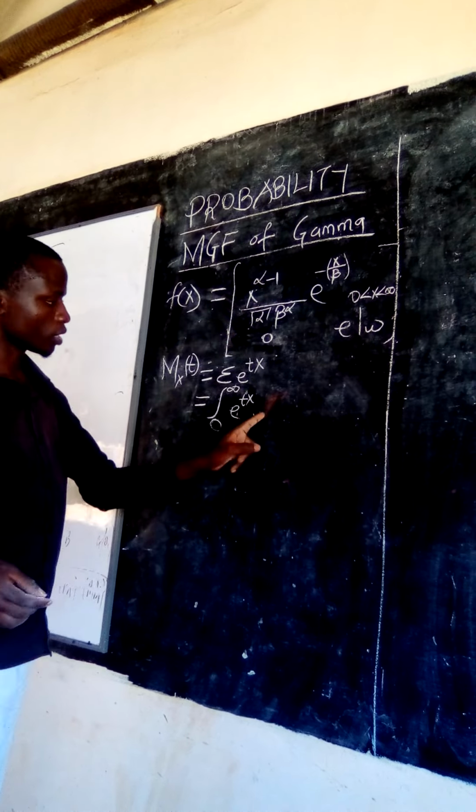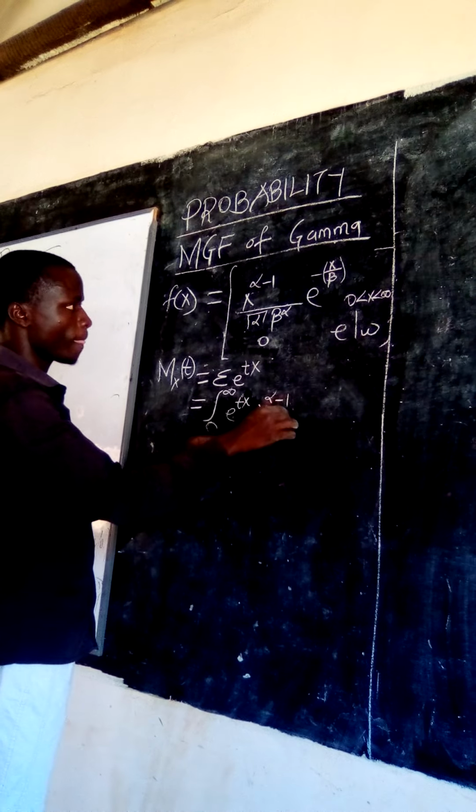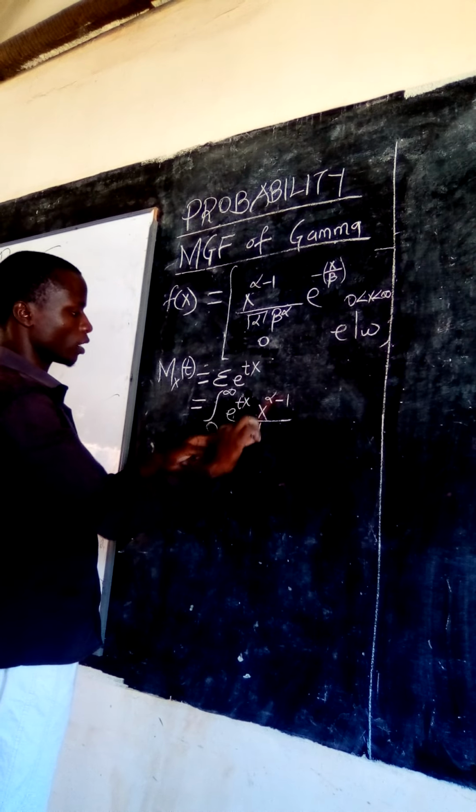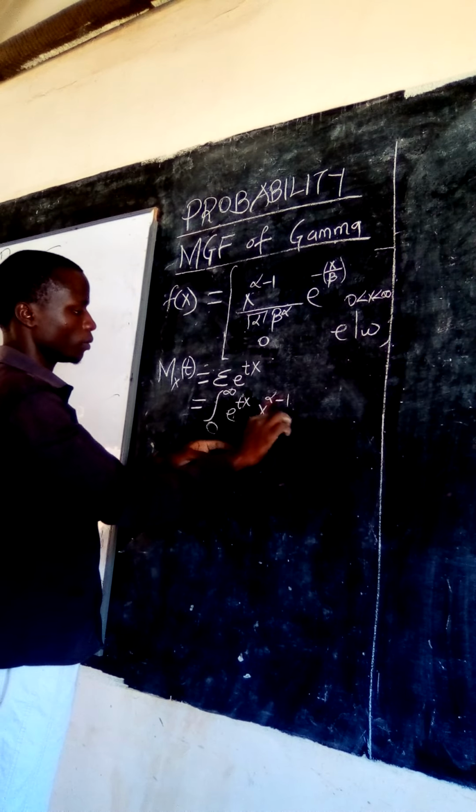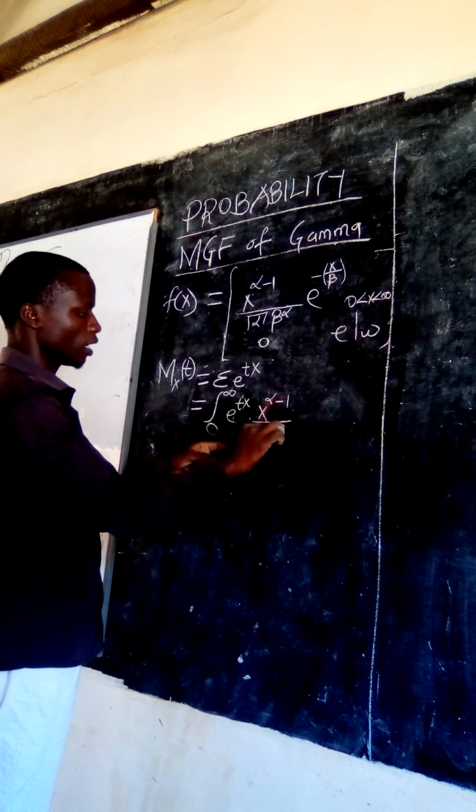So I'll come here now and say that it is x to the alpha minus 1 over gamma of alpha beta to the alpha, exponential of negative x over beta. Then you just write in a bracket. Then remember, I'm integrating with respect to x. So you come here and finalize by writing dx there.